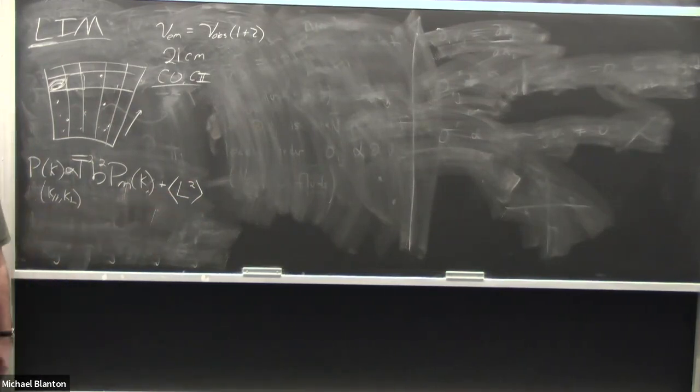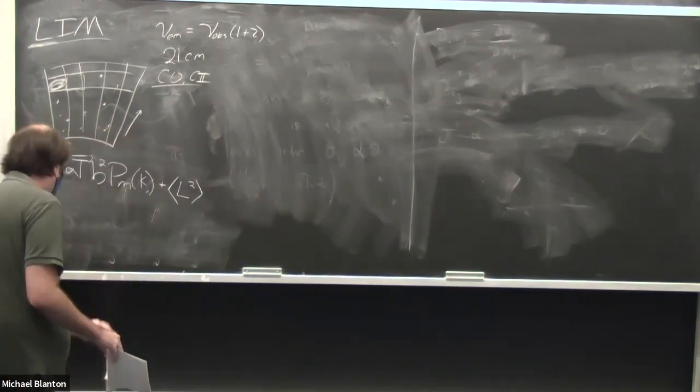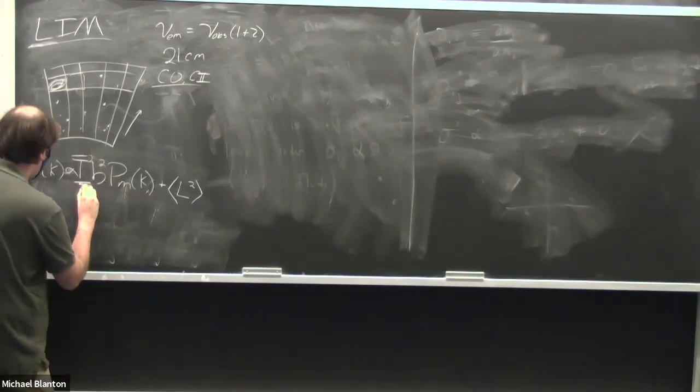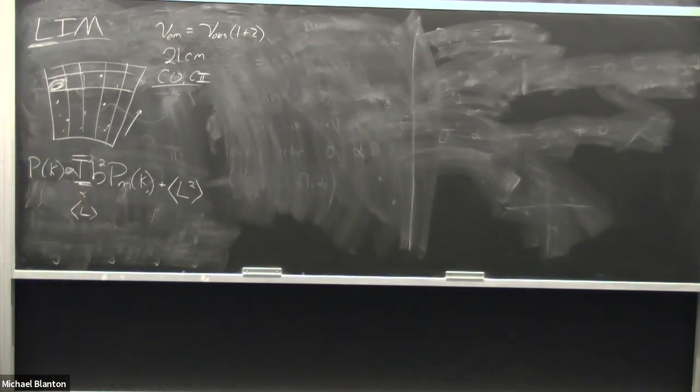But it's very important. And here you can see the Gaussian nature of the power spectrum come into play again, because this mean intensity factor is proportional to the mean luminosity of all of my galaxies times some number density effects. And this is related to the variance of my galaxy luminosity function. Just as before, if this was a Gaussian random field, the power spectrum would be telling me everything.